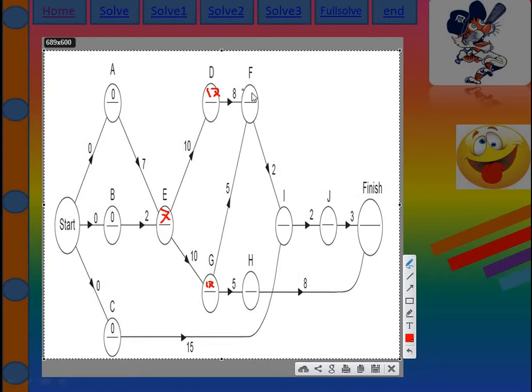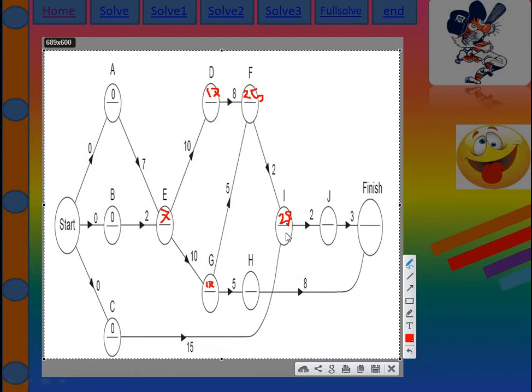Then D to F is 25, but G to F is 22, and I take the higher value, so I take 25, not 22. Then F to I is 27, but I see there is another value, C to I, which is only 15, so I don't take this.